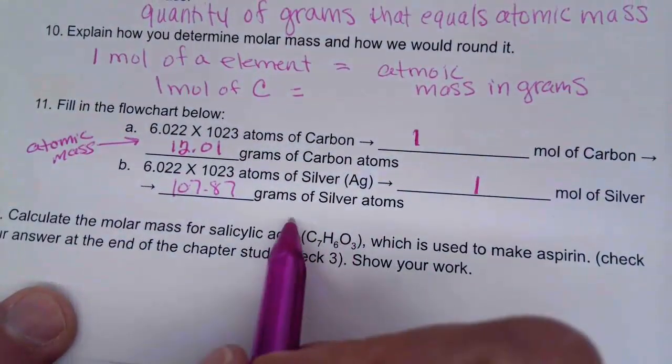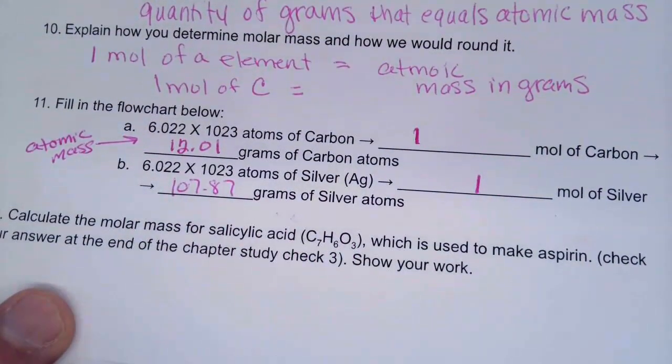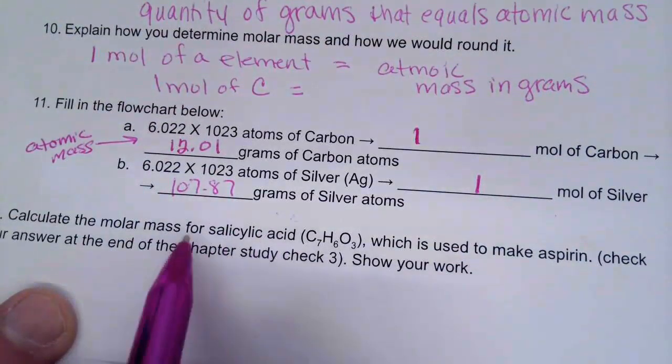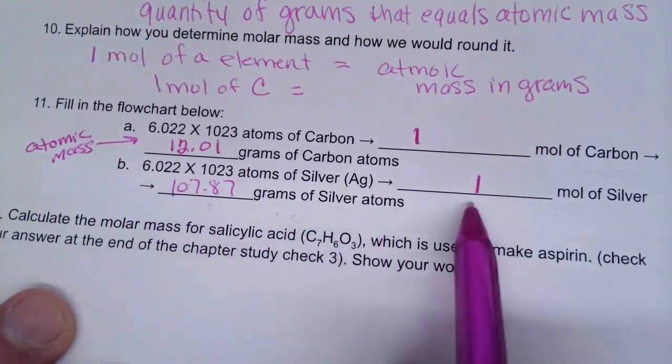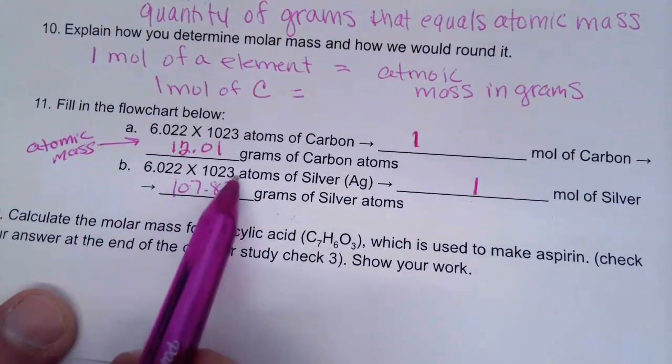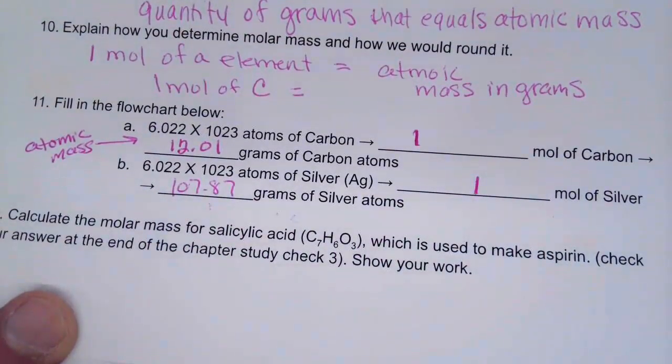So remember earlier when we talked about how there are so many atoms, we have to figure out how to weigh these small atoms. This is how we do that. So 107.87 grams of silver is 1 mole of silver, and that contains 6.022 times 10 to the 23rd atoms of silver.